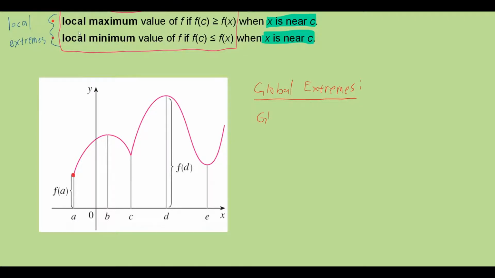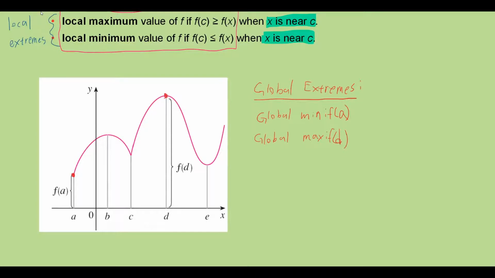So we have global min at A. Okay, and let's look at the highest point of the graph. It's right here. Right, that's D. And we can say that global max is D. All right, so global is pretty easy to find, right? I should say f of A and f of D.